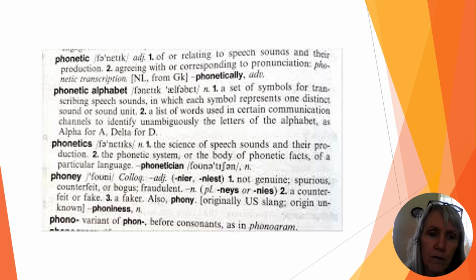And you'll see there's one for phonetic alphabet, there's a notation for phonetics, there's a notation for phony, and there's a notation for phono. In the first four, the symbol we're seeing looks like that F, and it's not the letter F we're referring to, it's a phonetic symbol F for that f sound. And as we go on, we'll see more. But I just wanted to show you where you will find those on a dictionary page.